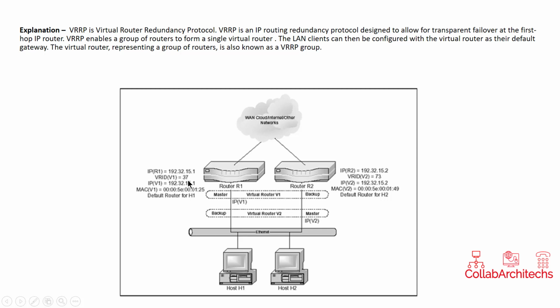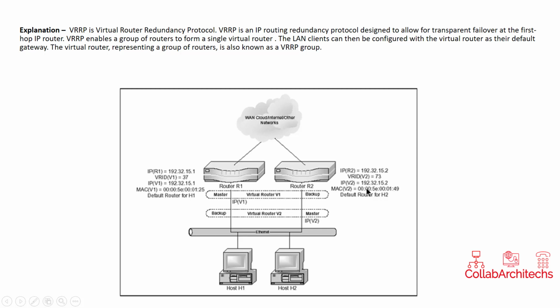The MAC address here is the virtual MAC address, and the format is 00:00:5e:00:01:25, where the last octet is the variable. The MAC address for virtual router 2 is in the same format, and the last octet is variable, which is 49.